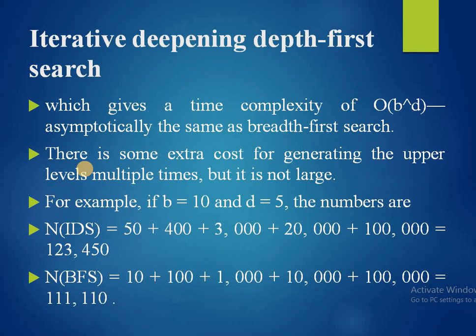Which gives a time complexity of O of b raised to d. This is asymptotically the same as breadth first search. There is some extra cost for generating the upper levels multiple times, but it is not large.